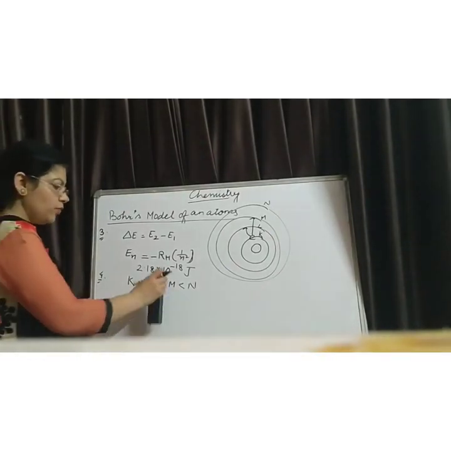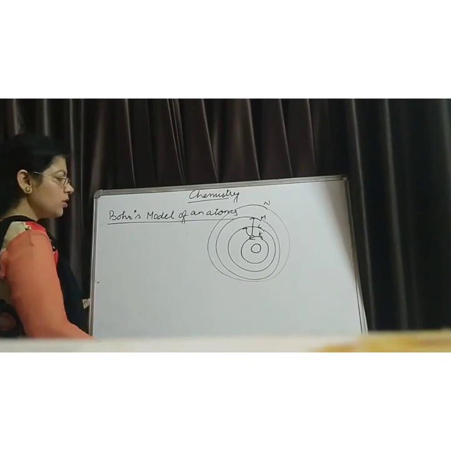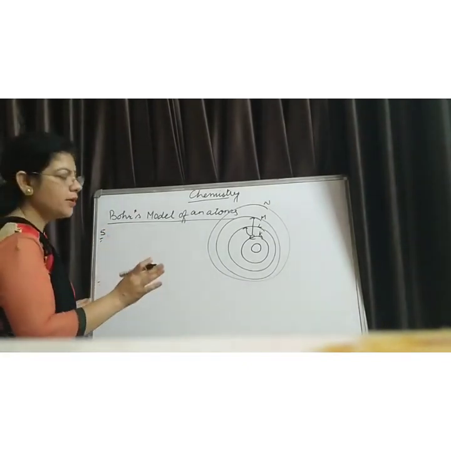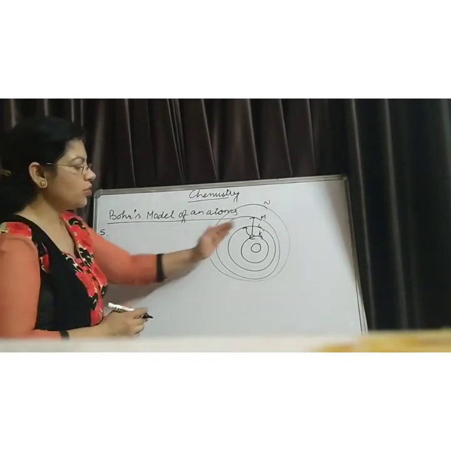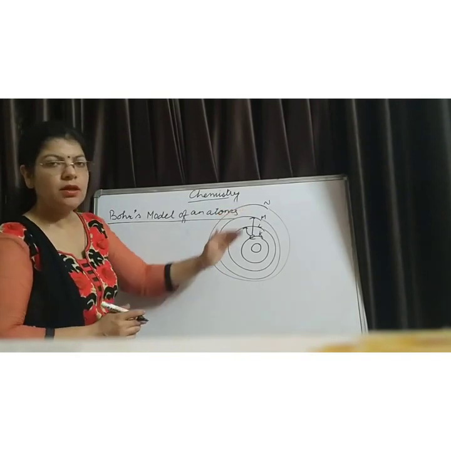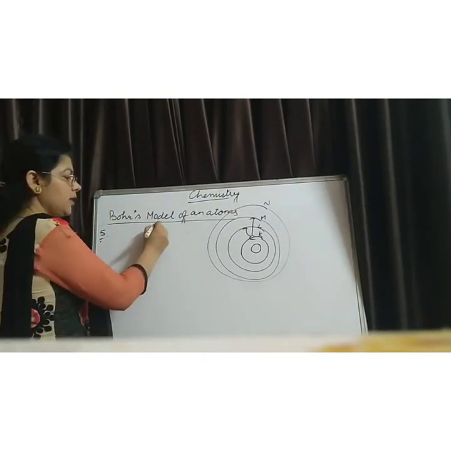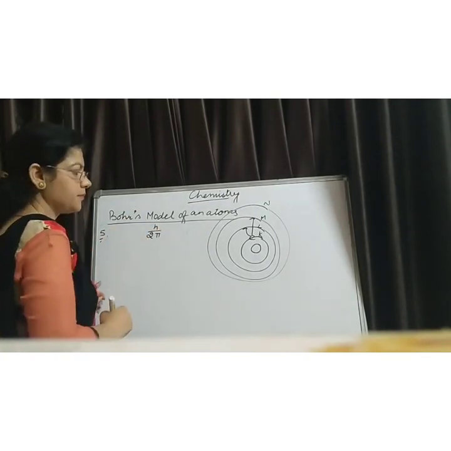The last point of the Bohr's model is that not all the orbits around the nucleus are permitted or possible. Only those orbits around the nucleus are possible which have angular momentum an integral multiple of h by 2 pi.